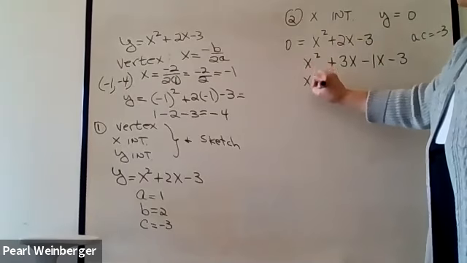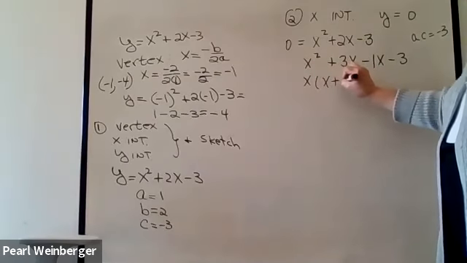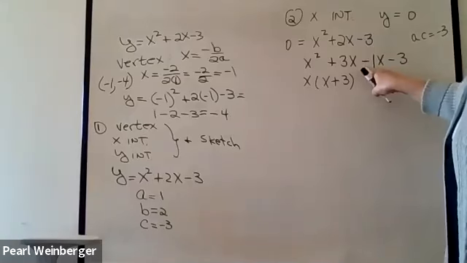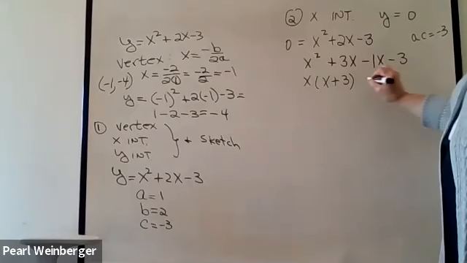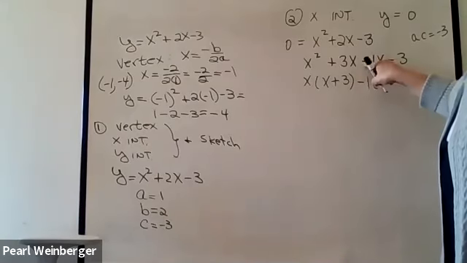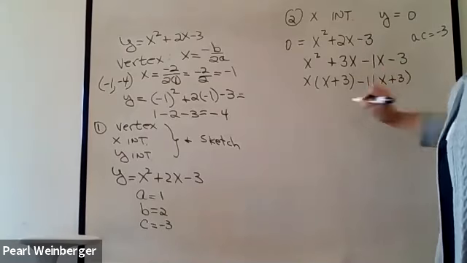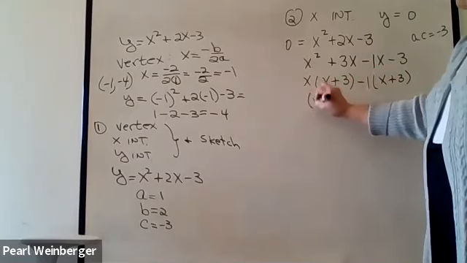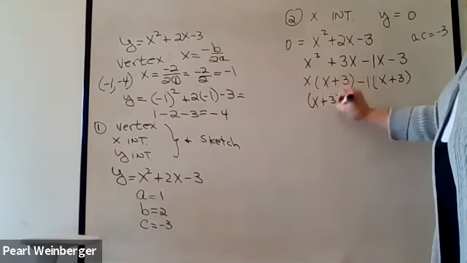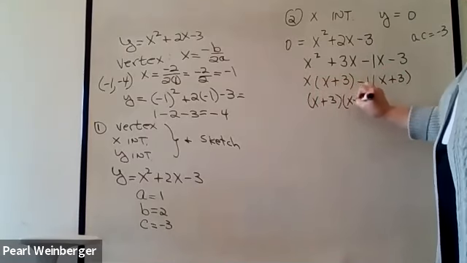And therefore, this becomes x times x plus 3. And here my common factor is -1, because there's a negative here. So this also becomes x plus 3. So I end up with x plus 3 and x minus 1.